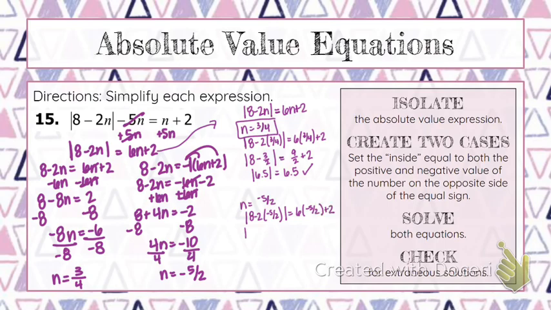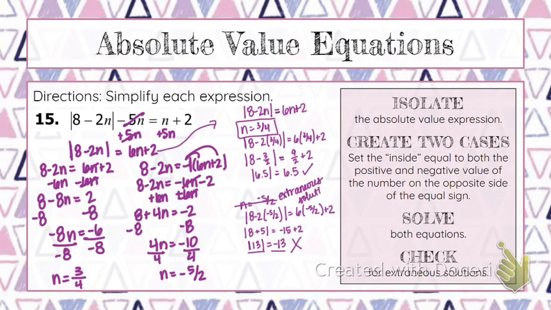So this is going to give us absolute value of 8 plus 5 equals negative 15 plus 2. So this says absolute value of 13 equals negative 13. Remember, an absolute value can never equal a negative. This is not true, so this n equals negative 5/2 is an extraneous solution.